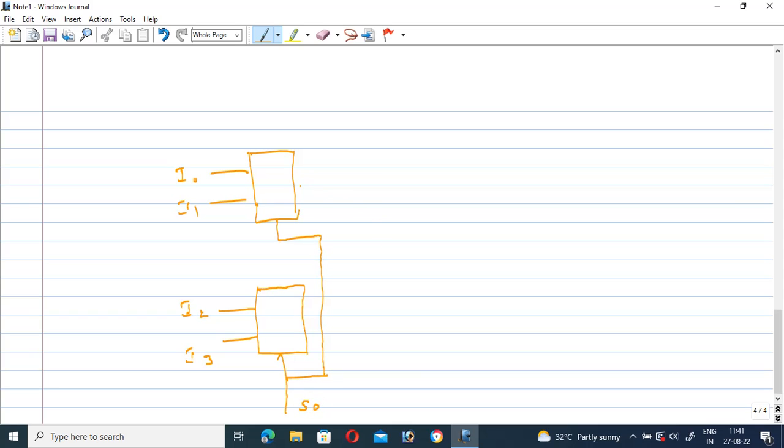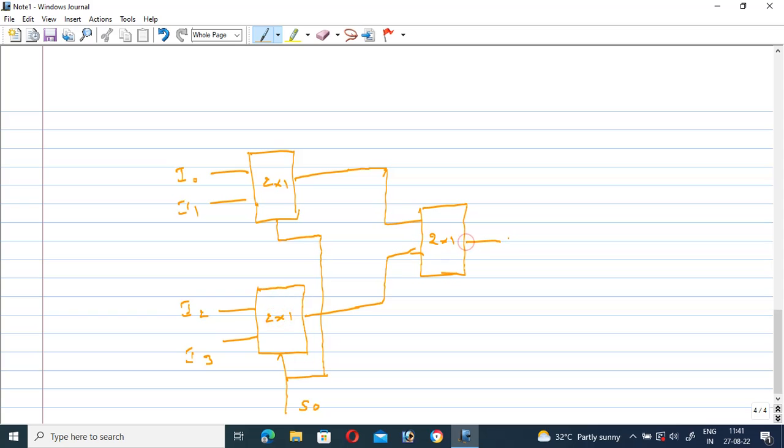Again this is a 2x1 mux, one output each, and these two are connected to one more 2x1 mux. It is also a 2x1 mux.